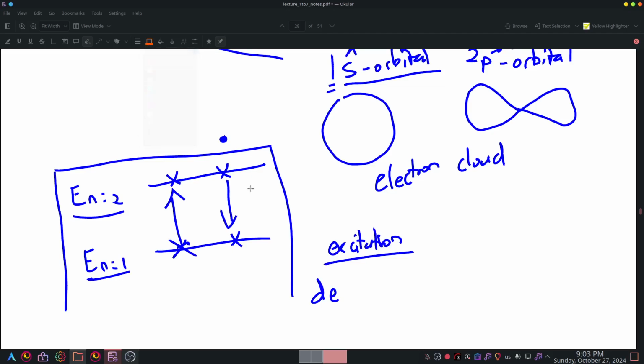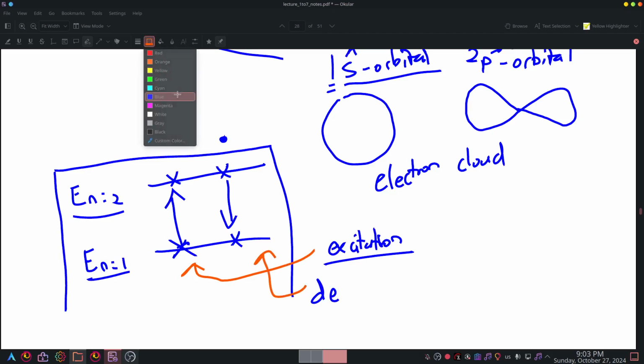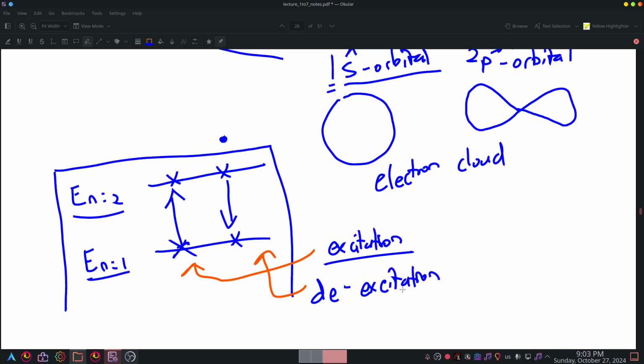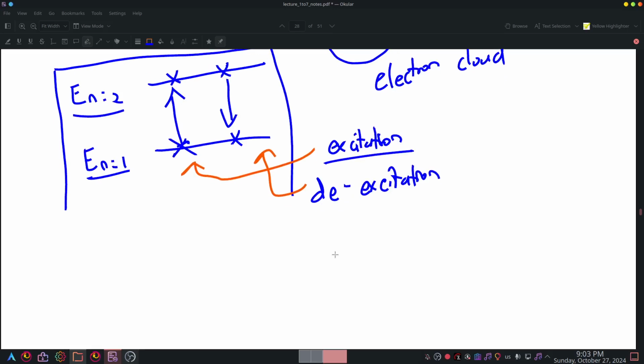This excitation and de-excitation is very important in both chemistry and nuclear physics, whether it's electrons or protons de-exciting themselves. The physics behind them, the principles, are pretty similar. Okay, excitation, de-excitation.